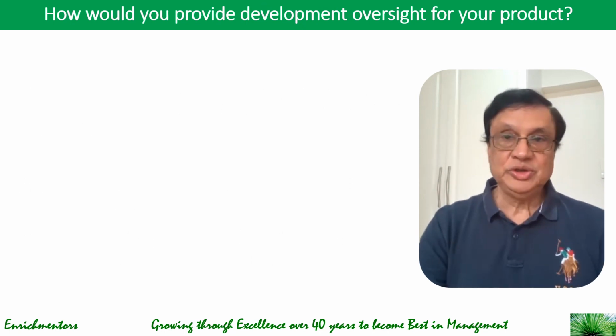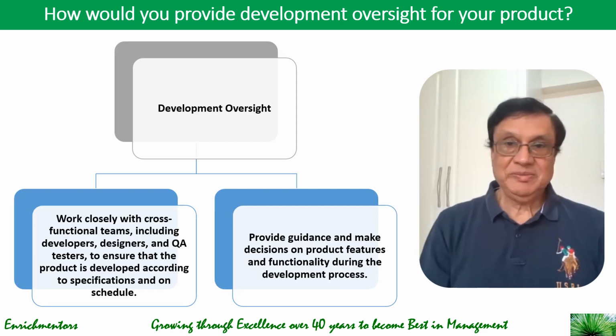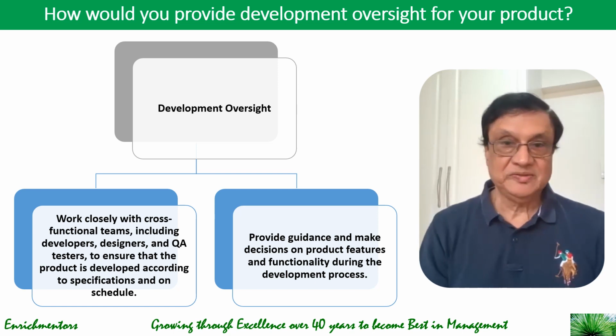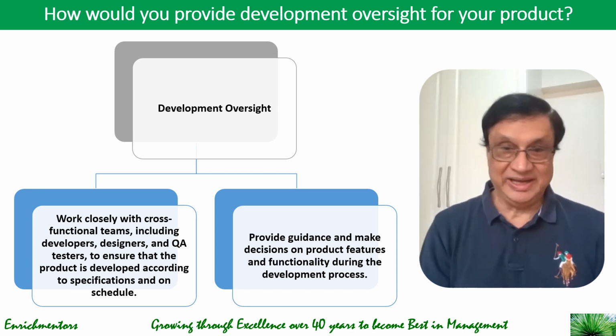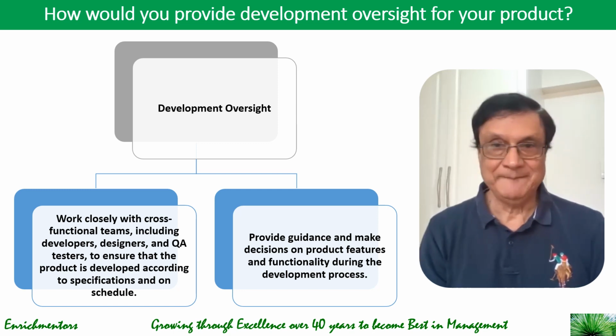So, how would you provide development oversight for your product? Any thoughts? See, providing development oversight requires two things, as you see here on your screen. First, you need to work closely with the cross-functional team that includes developers, designers, QA testers, and anyone else to basically ensure that the product that is being developed is according to specifications and is on time as well as within the cost, right?